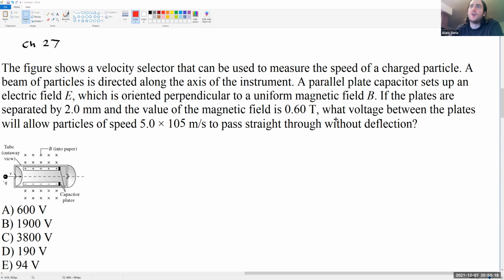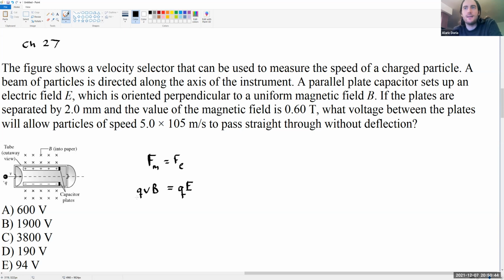Couple of relevant equations here for this particular problem. So I see something about velocity selector. I remember for a velocity selector, magnetic force and electric force should be the same, right? Magnetic force is QVB, maybe there's a sine theta. Electric force is QE, right?